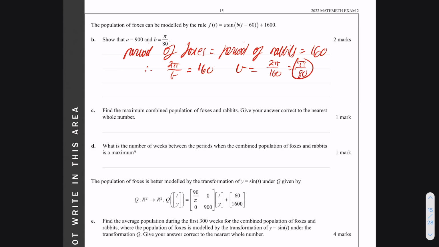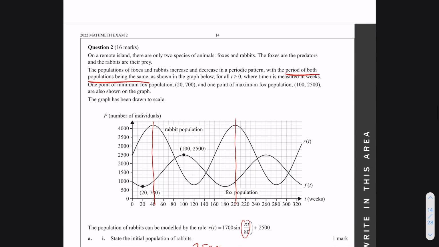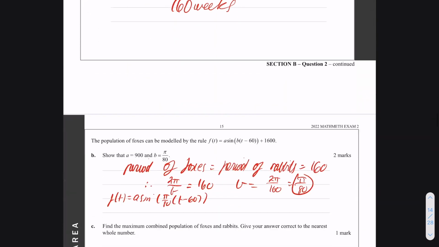And that makes f of t equal to a sine pi over 80, t minus 60. And then we're just going to use a point. So we'll use the 100, 2,500.